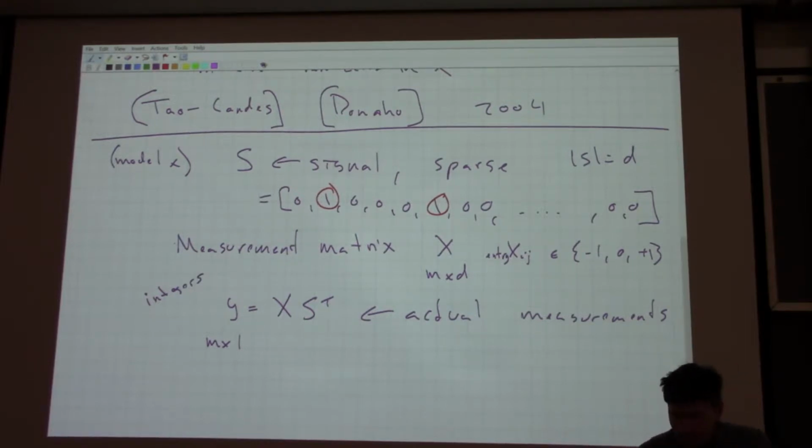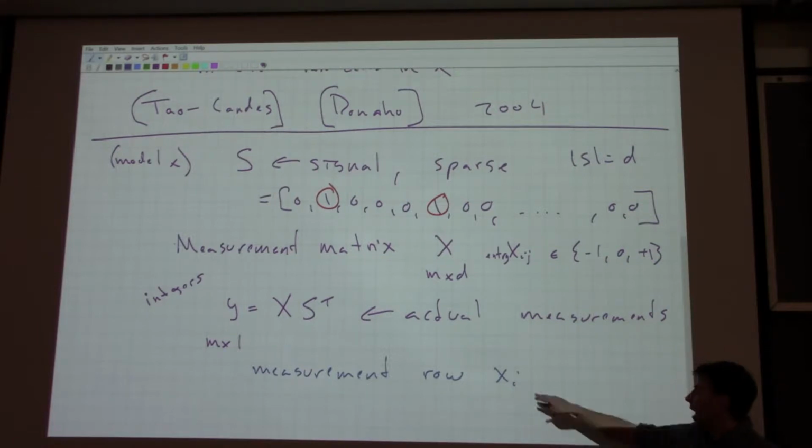And so if you think about this a little bit more, at one level of this matrix, if I look at a measurement row, let's go through an example. Let's call this xi.